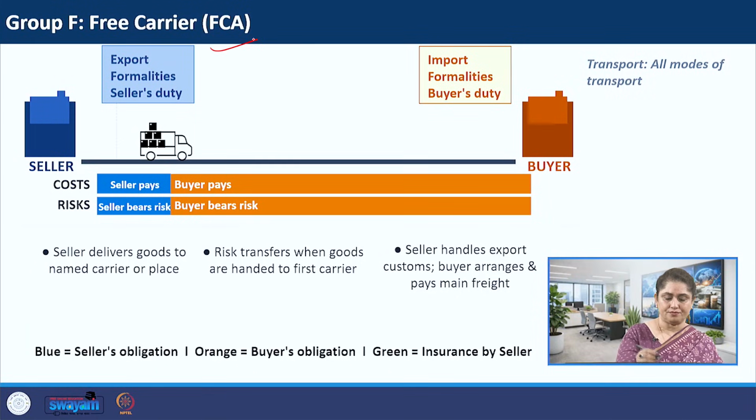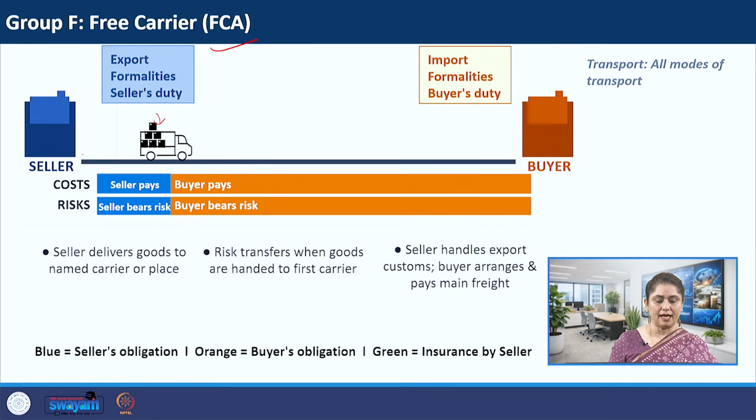Now, let us talk about another, that is group F, and we will talk about FCA. Right here, if we see, the goods that were earlier placed near the warehouse of the seller have now been loaded, right.